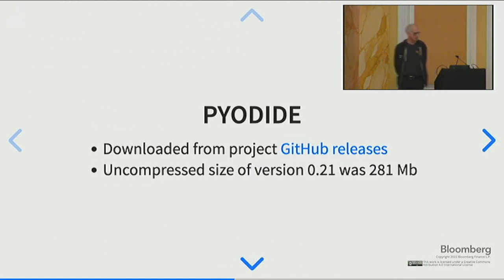I also downloaded Pyodide. I pulled that down from their GitHub releases page. The uncompressed size of version 0.21 was 281 megabytes. So this is definitely something that you benefit from having local.